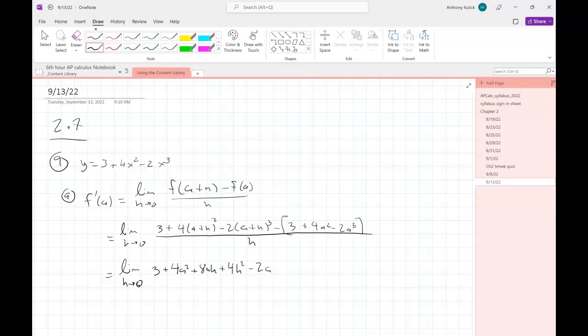So it's negative 2a cubed minus 6a squared h minus 6ah squared minus 2h cubed minus 3 minus 4a squared plus 2a cubed all over h.